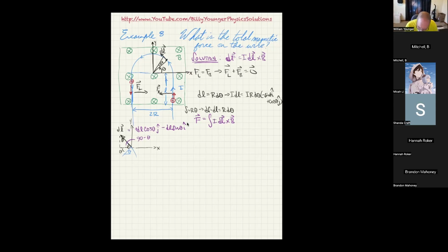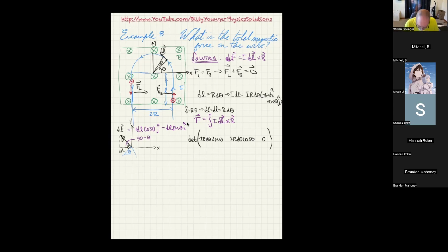Okay, so if I think about taking a cross product of that, what I'm going to have is the determinant of, in the x component, I R d theta times negative sine theta, and I R d theta times cosine theta for the y, and then 0 for the z.